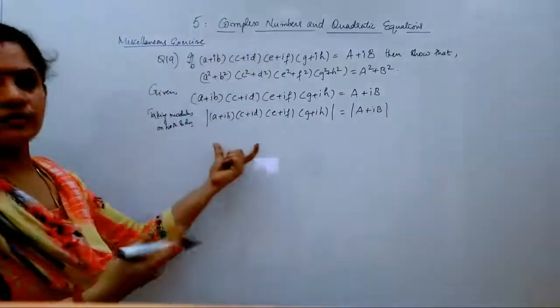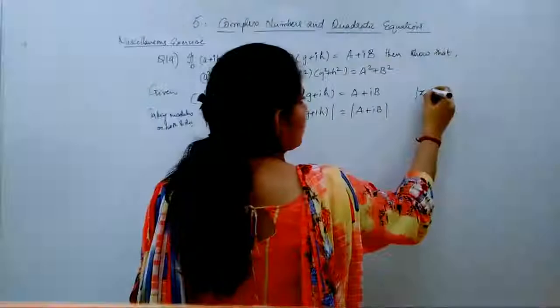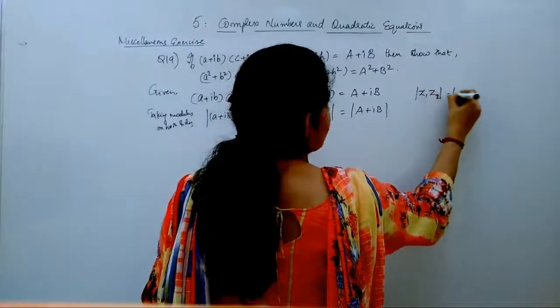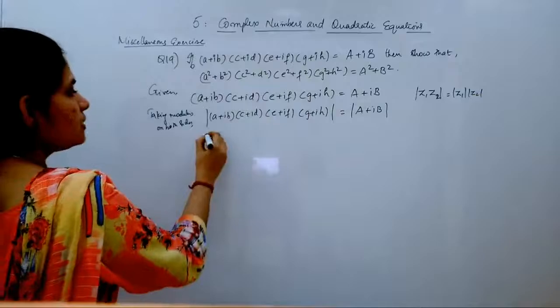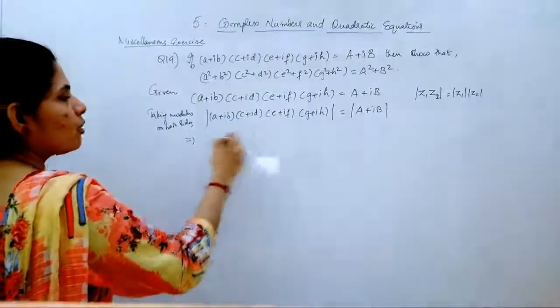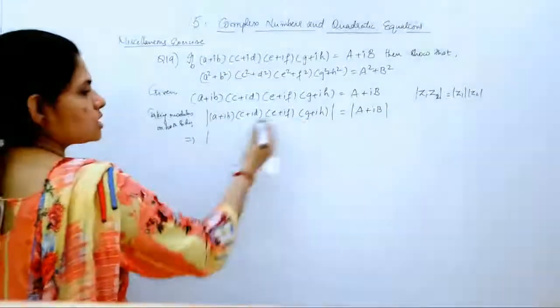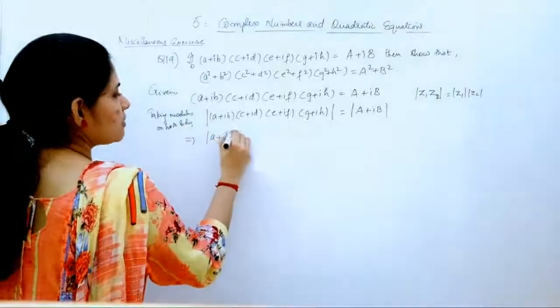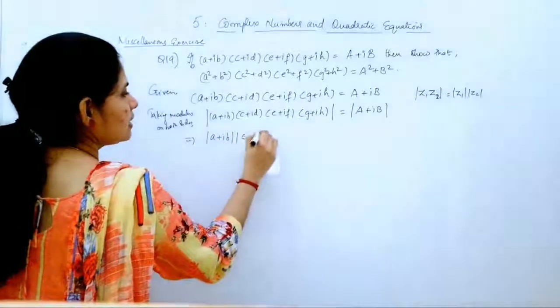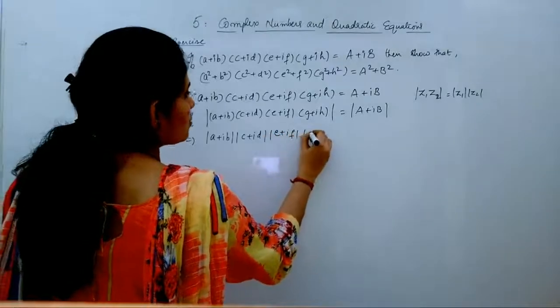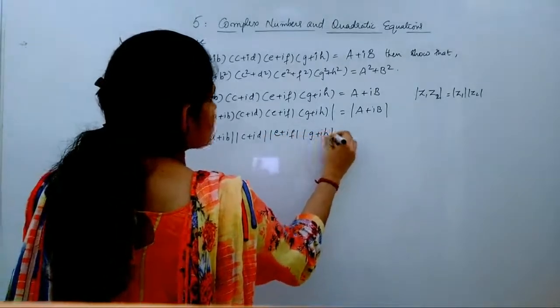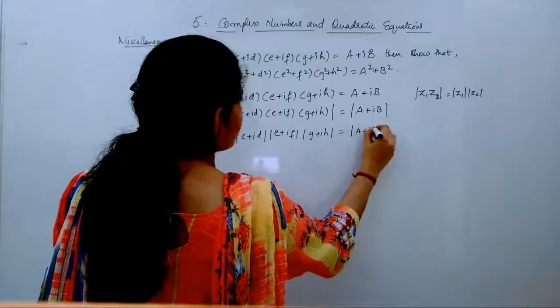Now if you have two terms, you have studied that mod z1 z2 is the same as mod z1 into mod z2. So here you will get the modulus separately: mod of (a + ib) into mod of (c + id) into mod of (e + if) into mod of (g + ih) is equal to mod of A + iB.